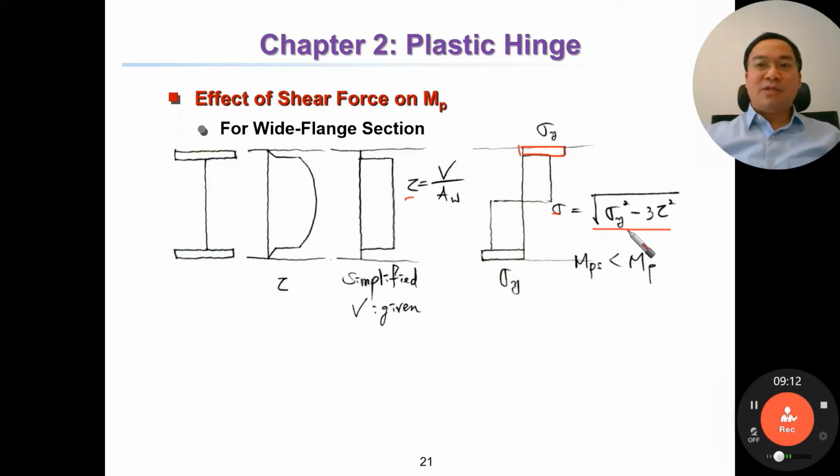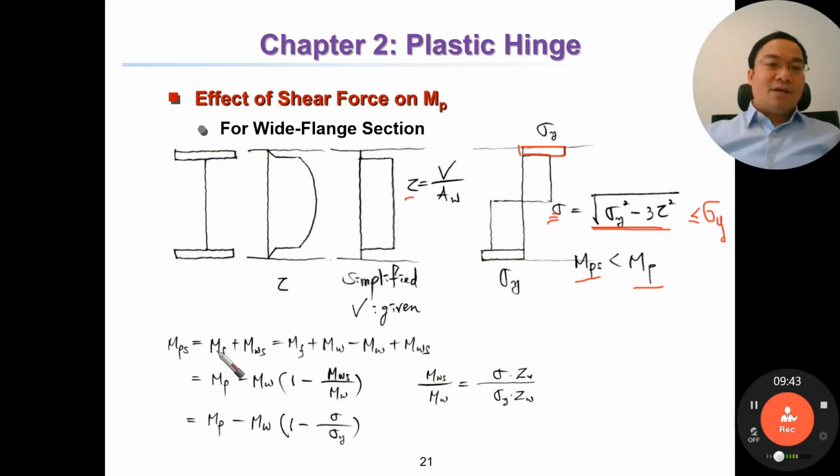So sigma in the web is equal to this equation, and because of shear force, sigma in the web is smaller than sigma y. Then MPS is smaller than MP. Now we are going to calculate MPS.